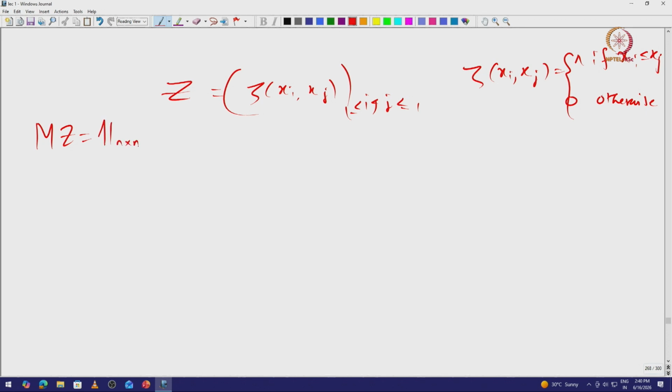Now, if I look at the ijth entry in the product mz equal to identity, the ijth entry in the identity will be delta ij. This is the Kronecker delta function.